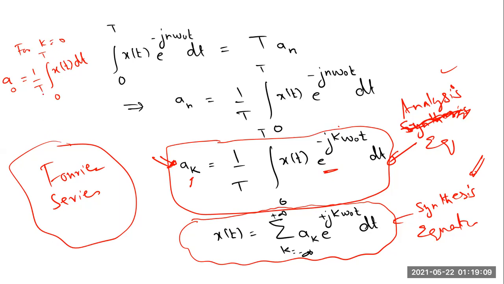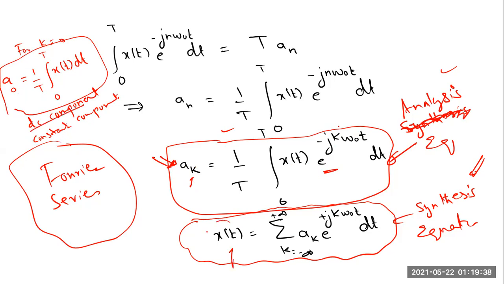Now, this is coefficient a naught, but from a signals and systems perspective, this is what we call the DC component of the signal, or constant component. So whenever you use this equation to calculate different Fourier coefficients or spectral coefficients, the special component which you get for k equal to 0 will give you the DC component that is present in this signal.